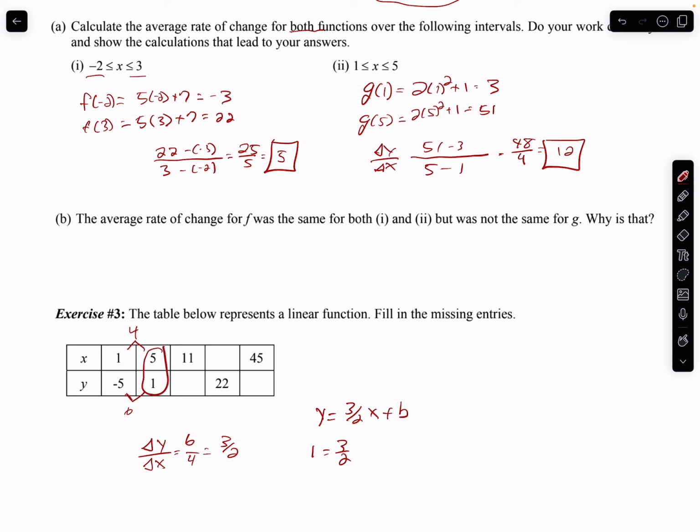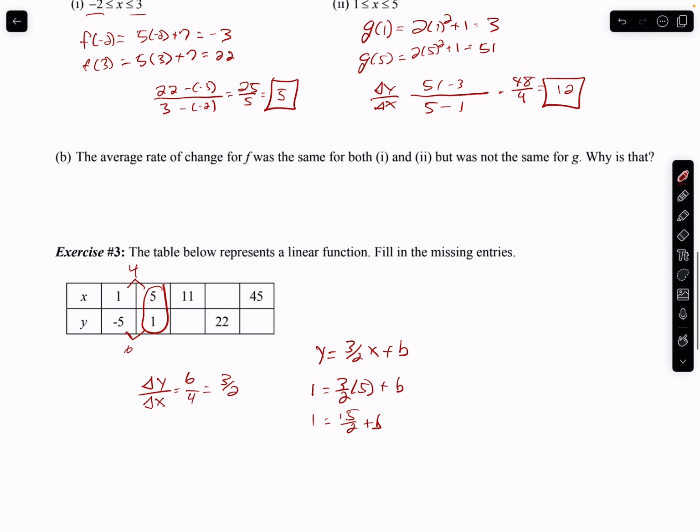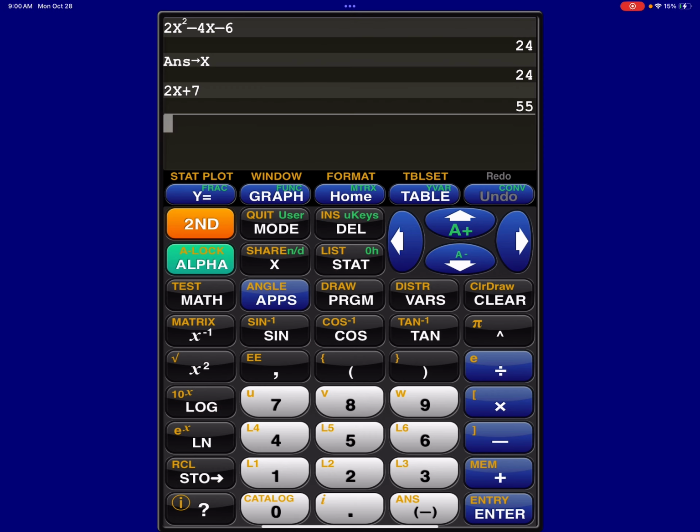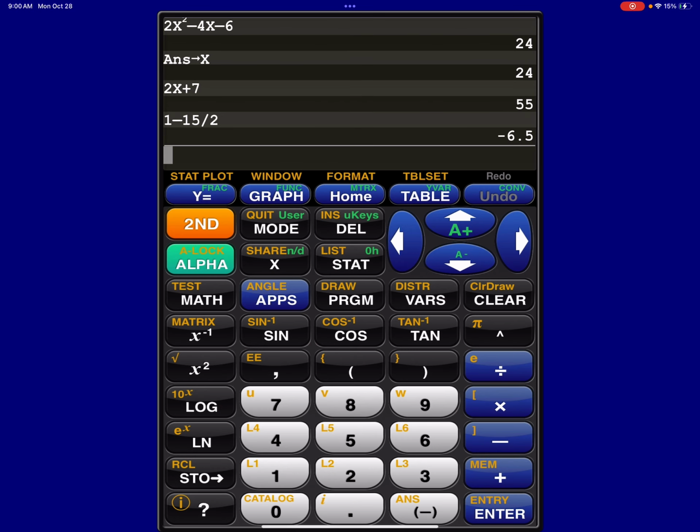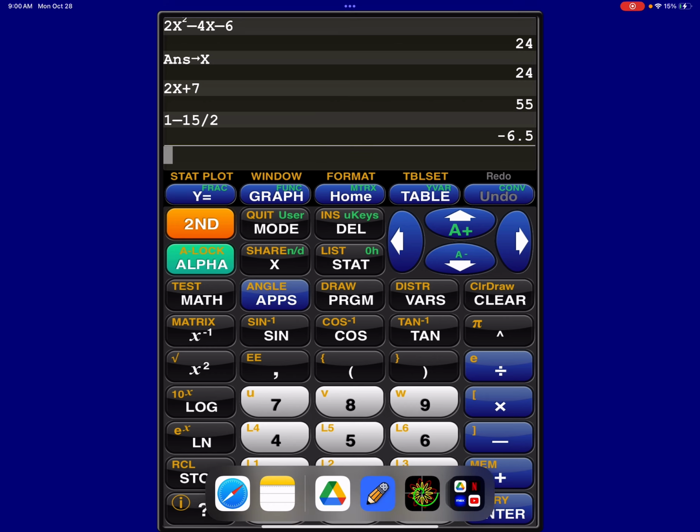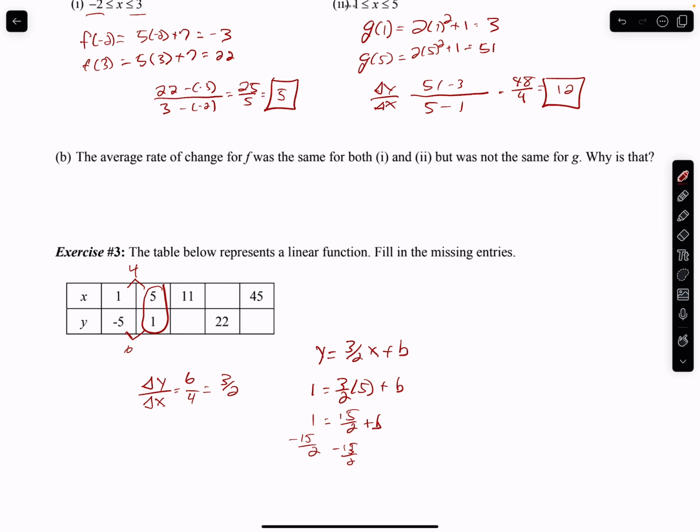If y is 1, x is 5. So I've got 1 equals 15 over 2 plus b, and then I subtract 15 over 2 from both sides. We could just use our calculator for that. So if we use a calculator, we've got 1 minus 15 over 2, and I get -6.5. So I've got -6.5 is my b value.